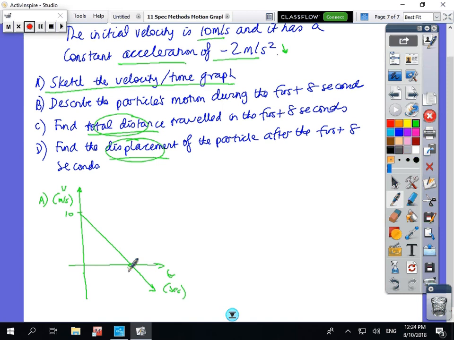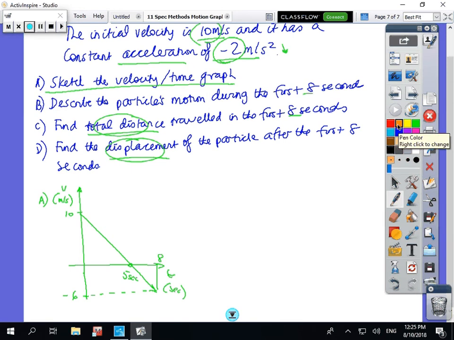Okay, so if it's decreasing at minus 2 and it starts at 10, that means it's going to be 5 seconds there. Okay, and then because these other questions ask about 8, let's put 8 seconds in. Okay, and then 8 times minus 2 is minus 16, so it's going to be at minus 6. Okay, so that's the first part.